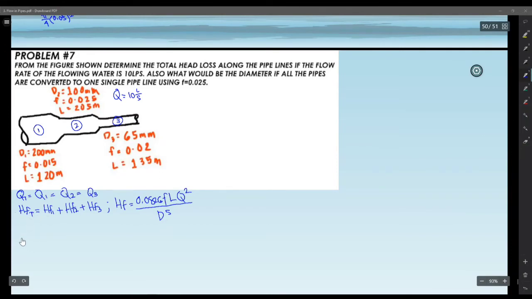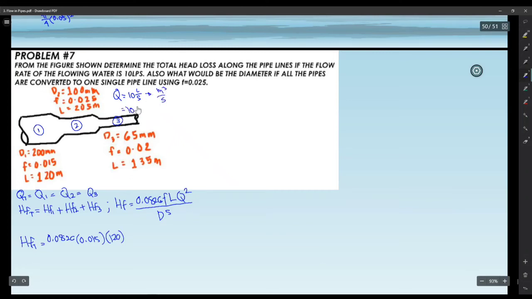Let's first find the total head loss. We'll take it one by one, starting with portion 1. That is 0.0826 times the friction factor of 0.015 times the length of the pipe, 120, and then times the flow rate. The 10 liters per second, let's convert it to cubic meter per second.